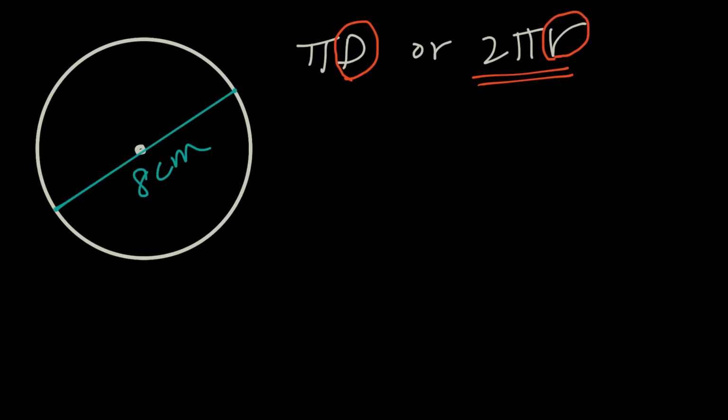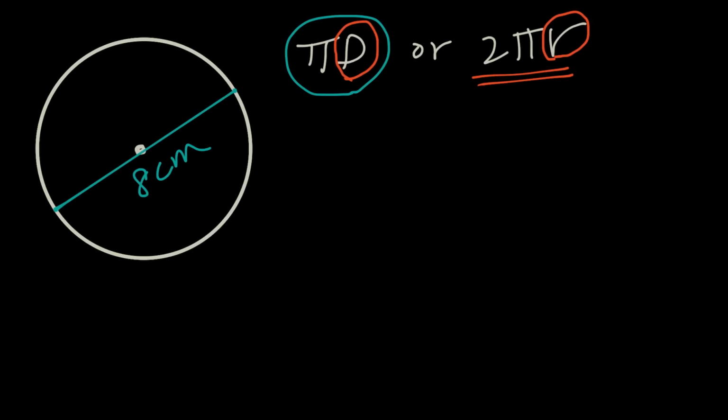Now, what if you were asked for the circumference of a circle with a diameter of 8 cm? In this example, we could take the pi d formula, because the diameter was provided rather than the radius.